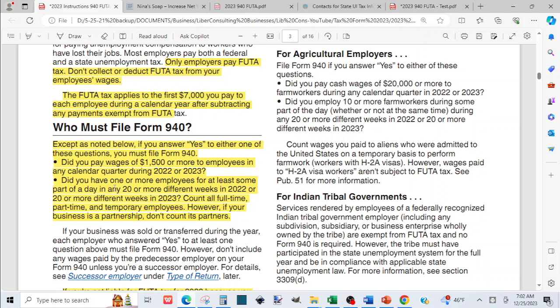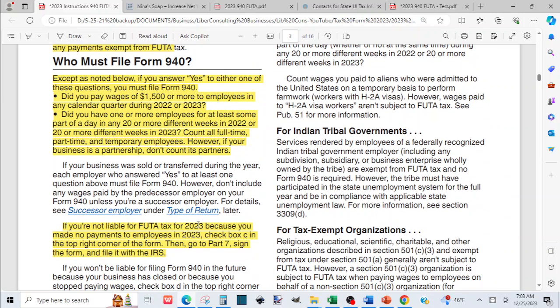Did you have one or more employees for at least some part of a day in any 20 or more different weeks in 2022, or 20 or more different weeks in 2023? Count all full-time, part-time, and temporary employees. However, if your business is a partnership, don't count the partners. So it's good to read the instructions to see all those nuances in it.